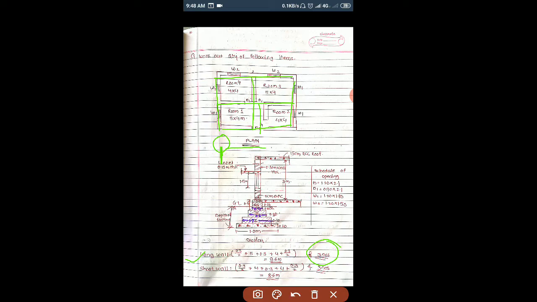Then for short walls, either we can calculate, or we can consider this 4 meter distance separately, then we'll have 1, 2, 3, 4, 5, 6 short walls if we consider 4.3 as the distance.